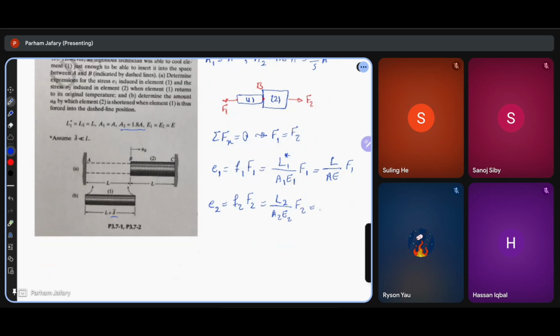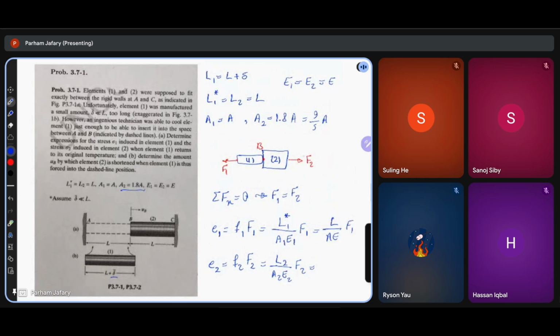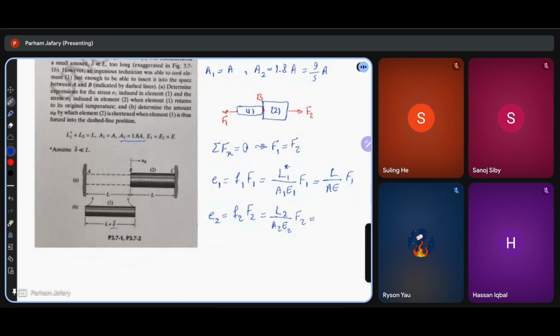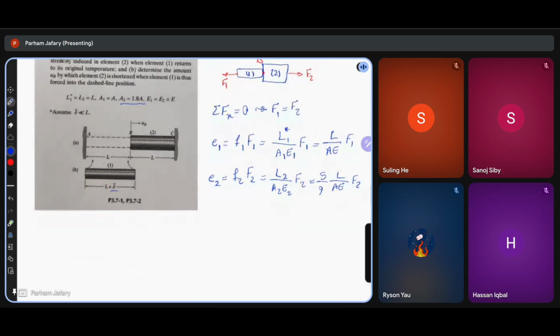And substituting the cross section 9 over 5 in the denominator, it will come out and become 5 over 9 times L over AE times F2. Okay? Now, what else can I write here?